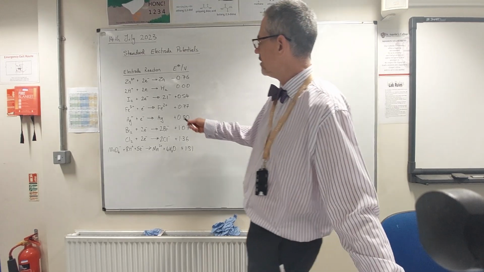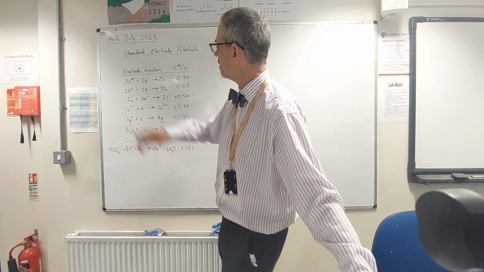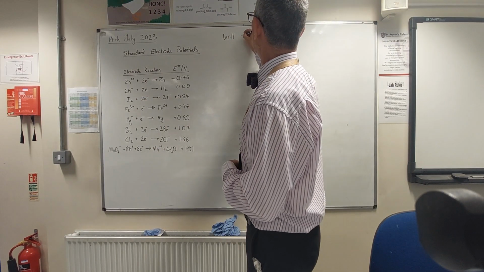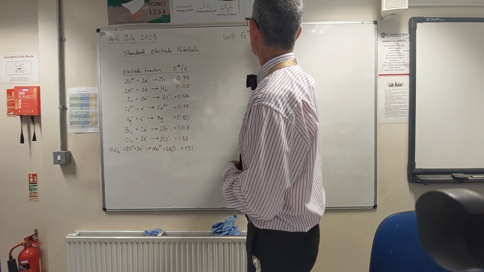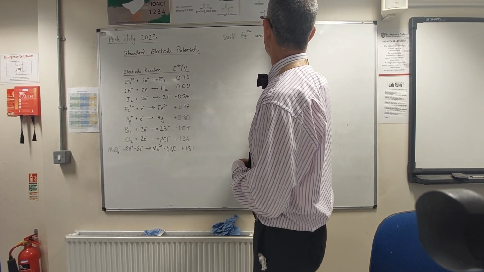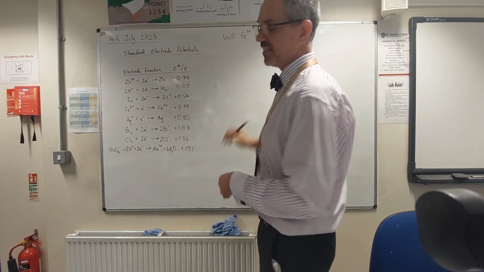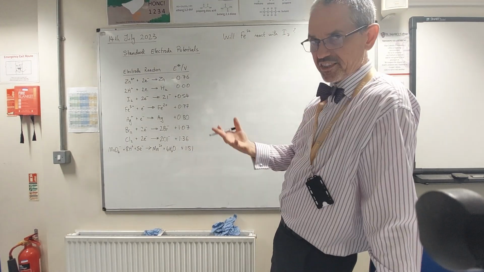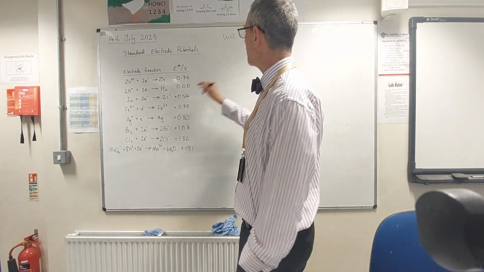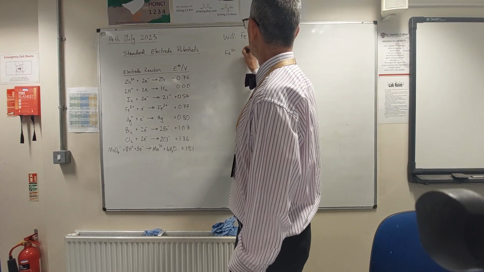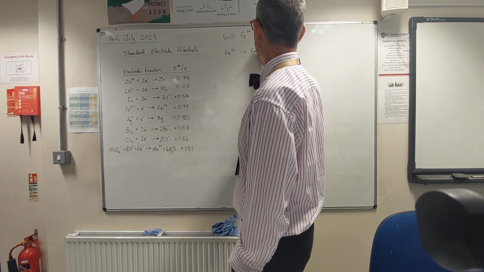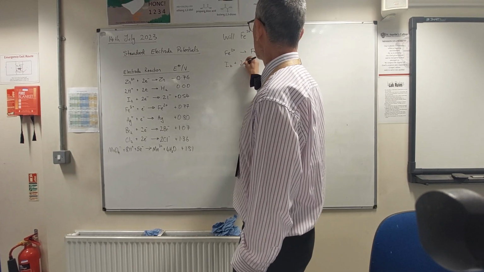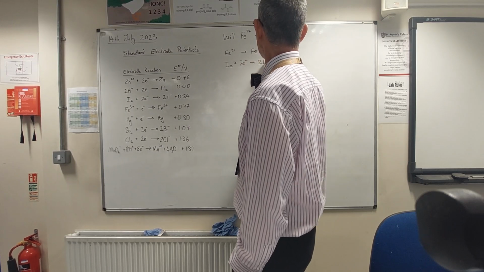So if I said, okay, will iron 2 plus react with iodine? Okay, so we look at our table of data and we think about, well, what's going to be formed? Well, iron 2 plus could form iron 3 plus, and iodine could form iodide.